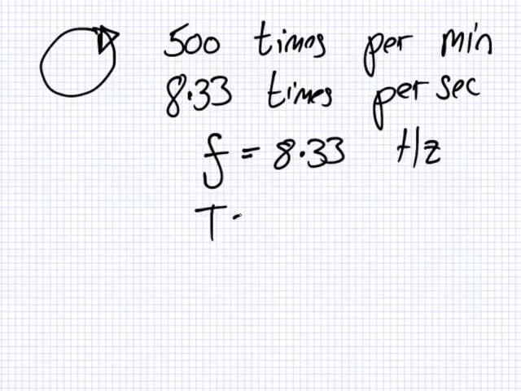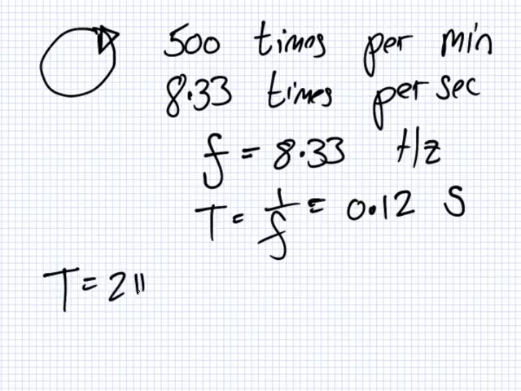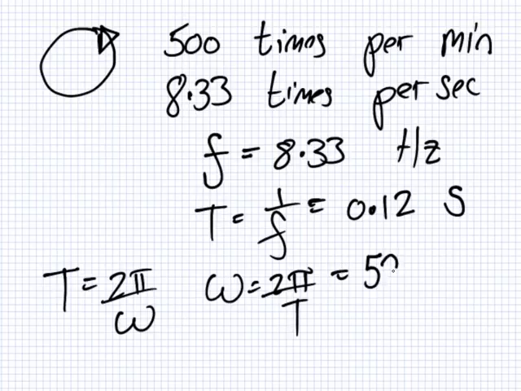So what's the time? 1 over f, which is 0.12 seconds. And don't forget, I gave you this formula, T equals 2 pi over omega. So omega is 2 pi over T. So we get 52.4 radians per second is the answer.